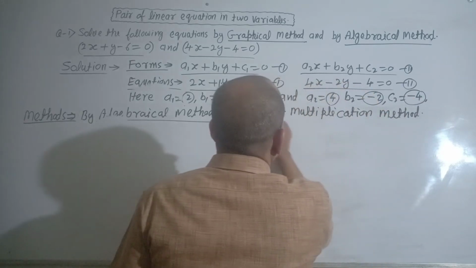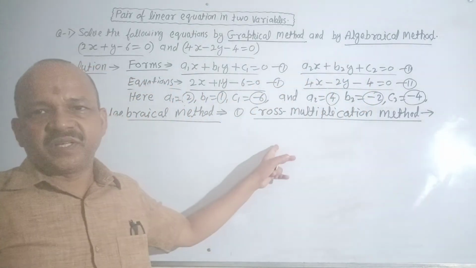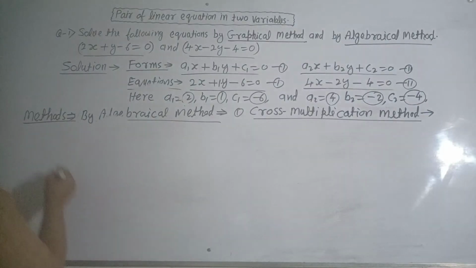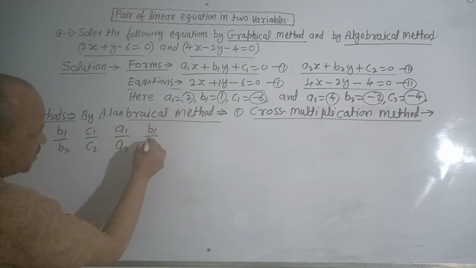Cross multiplication method. Here b1, b2, c1, c2, a1, a2, b1, b2.